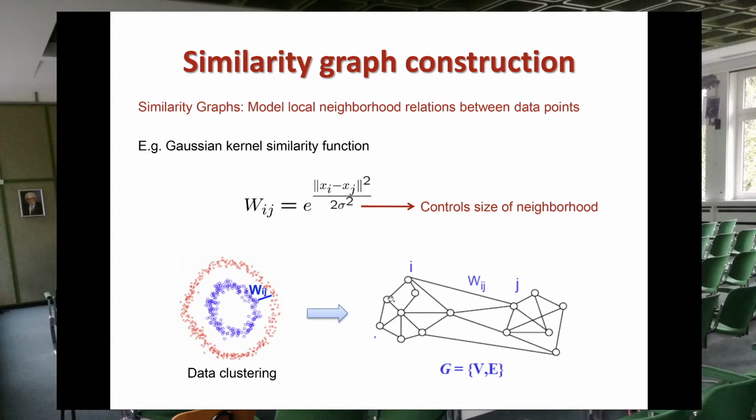When you create the similarity graph, what you want to see is that the points that belong to the same group are closer in a subgraph, and points belonging to the other group are also close among them.